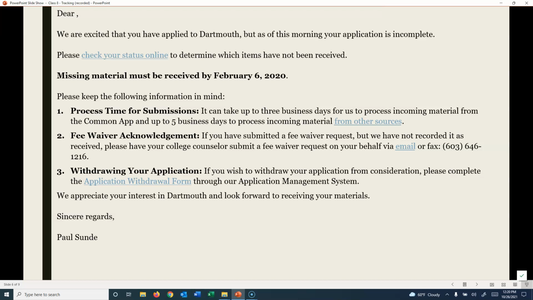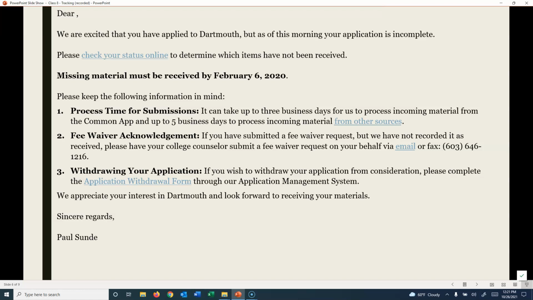But they tell you, check your status to determine what hasn't been received. And they usually give you a date by which things must be received. Again, this would be for regular decision at Dartmouth. At that point, they'll say, we really have to have it by that date because we're going to start reading around that time. So they usually give you a good amount of time to follow up with the right person.